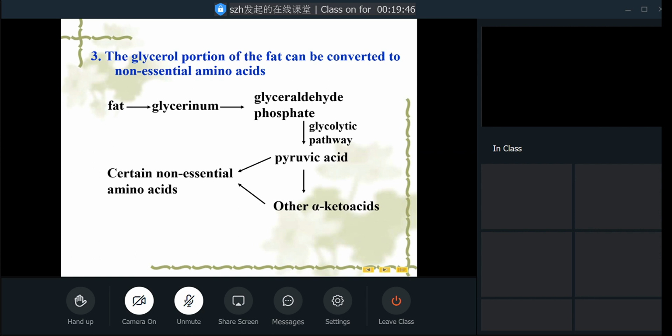So if someone says that fat can't convert to the amino acid, that is wrong. You can say the fatty acid can't convert to the amino acid, but cholesterol of the fat can be used to produce the amino acid.